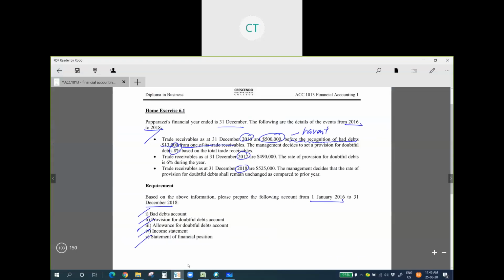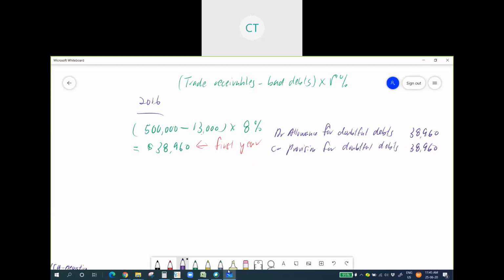So in 2017, what are the things that happen? Trade receivable as at 31st December 2017 is 490,000. The rate of provision for doubtful debt is 6% during the year. For the year 2017, we did not see any bad debts, so very straightforward. Our provision for doubtful debts is 490,000 multiplied with 6%.